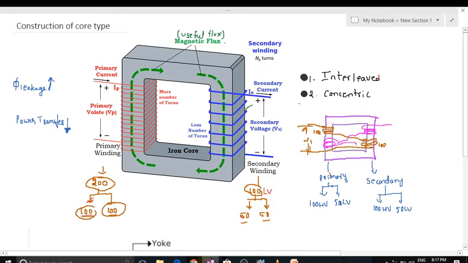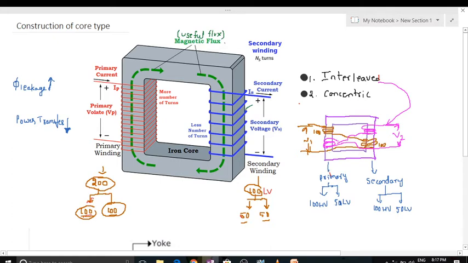This terminal is taken outside, and this is V2. So interleaved winding is dividing the total turns into two parts and placing the two parts in different places: the first part on one limb and the second part on the other limb. This procedure is called the interleaved winding procedure.